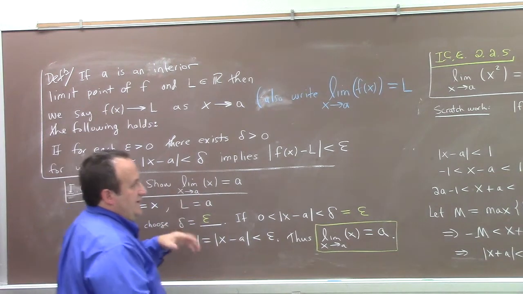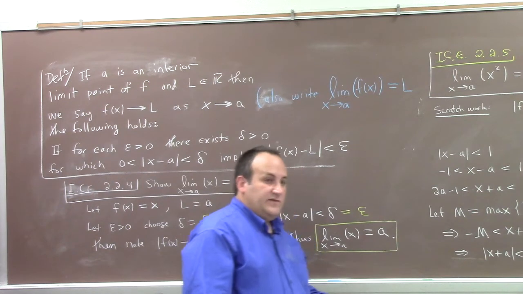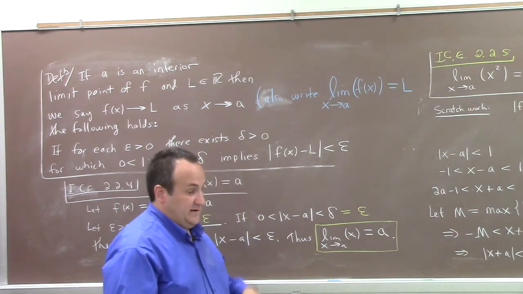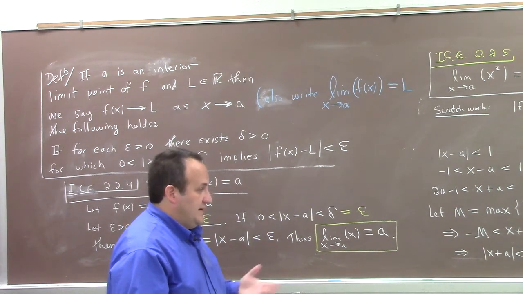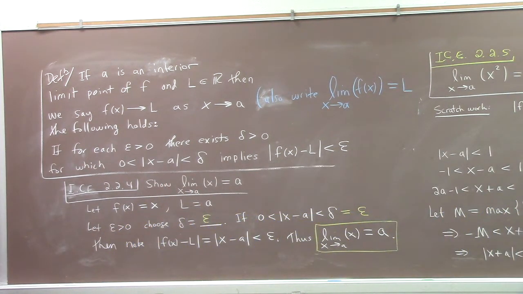So at the moment, I'm trying to develop a scheme, a strategy for how to choose the delta, and this one's complicated, admittedly. So here it is. Let epsilon be greater than 0.